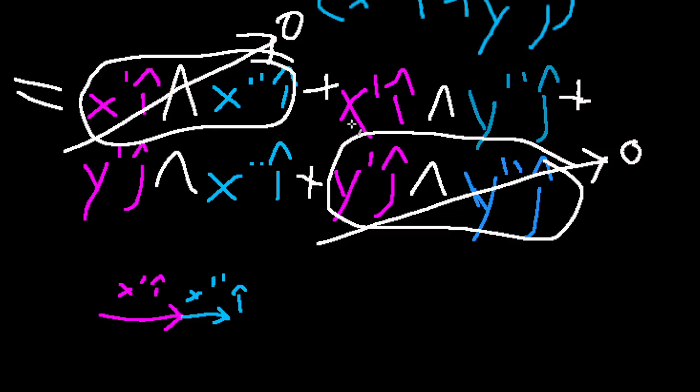Now, if you look at x prime times i hat wedge y double prime times j hat, let's go ahead and redraw that.